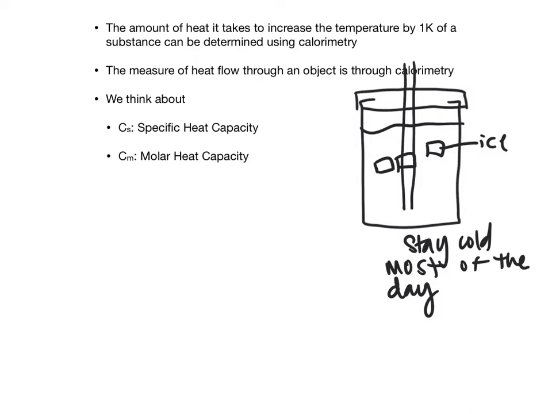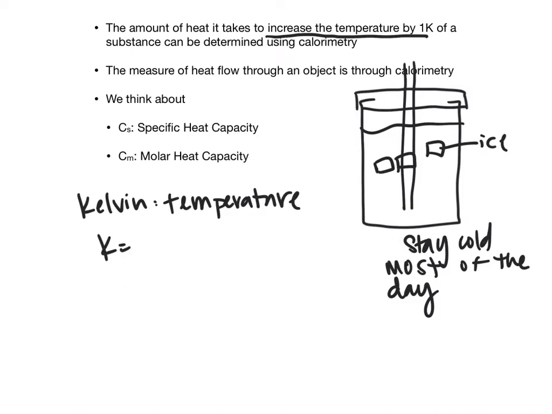And so we want to think about how we're going to increase the temperature of our solution or our substance by 1 Kelvin. So as a reminder, Kelvin is a measure of temperature. And as we think about it in relationship to degrees Celsius, Kelvin is equal to Celsius plus 273.15. And so Kelvin is just a different system, and so we're going to use that.